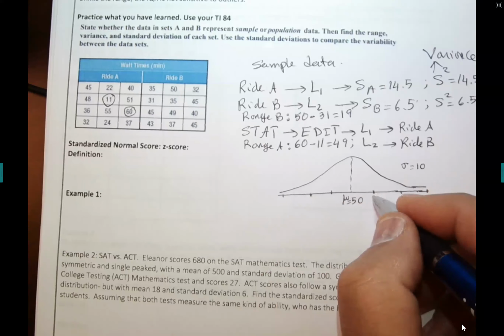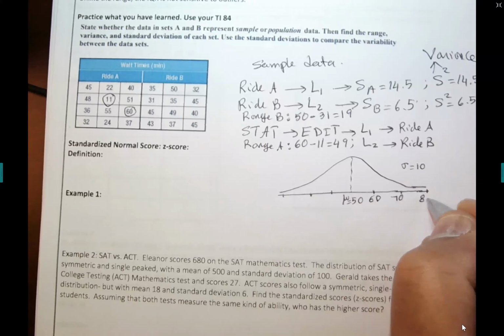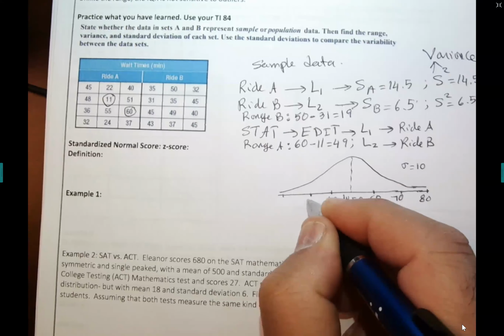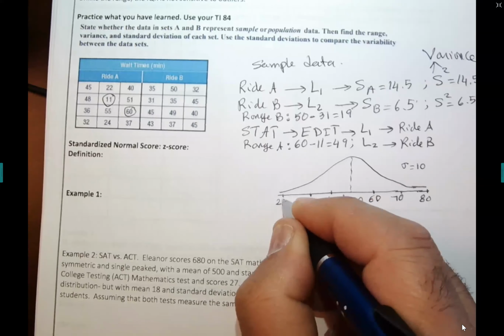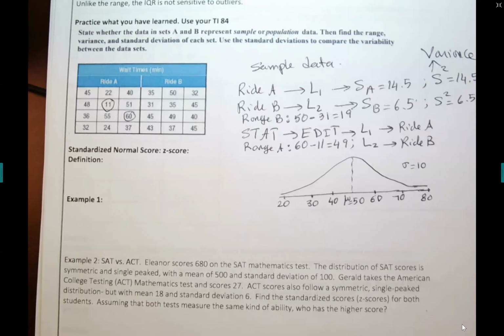So can you guys help me? This will become 60, 70, and 80. This will become 40, 30, and 20. Okay. I'm gonna ask you a few questions here.